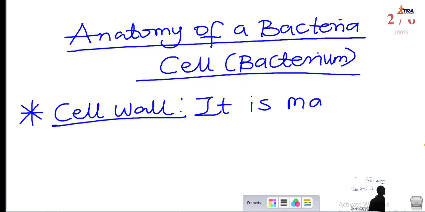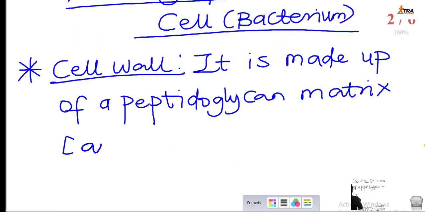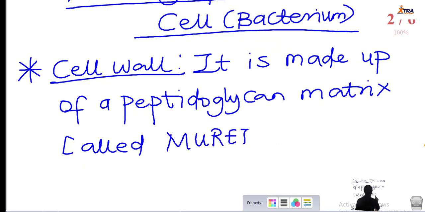It's made up of a peptidoglycan matrix called murein. So if you ask what is the composition of the cell wall of a bacteria, the perfect answer will be murein.